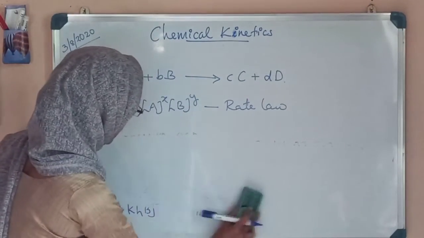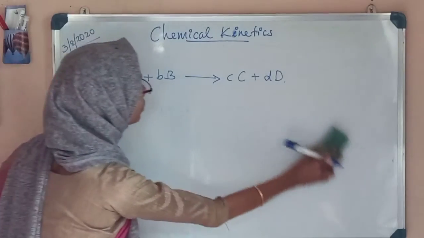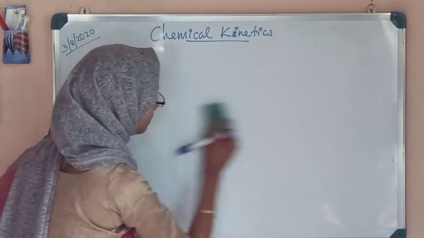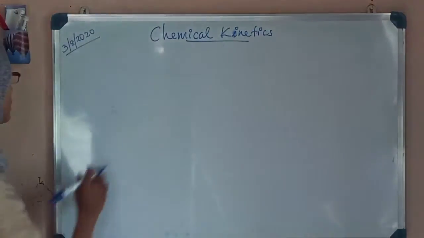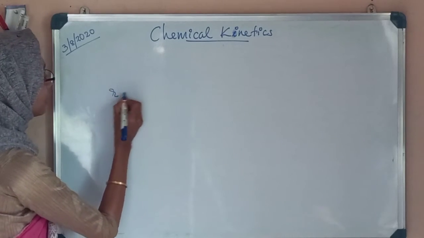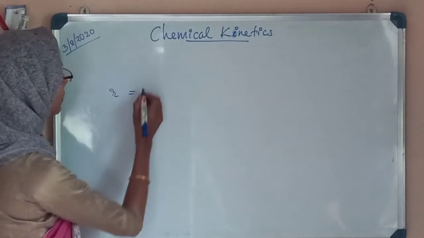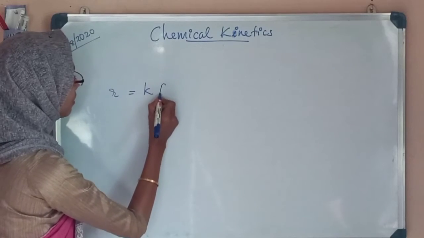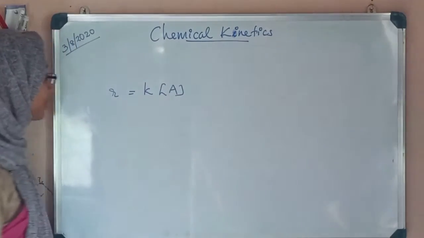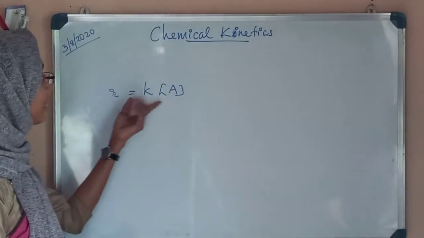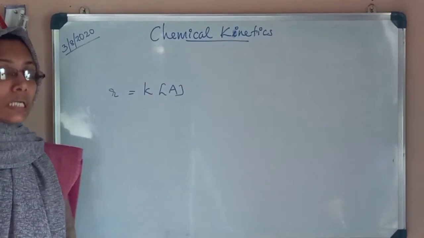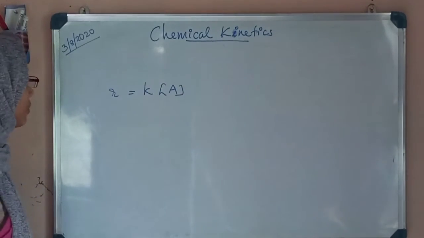Then next we consider what is the unit of rate constant. We know that rate is equal to K into concentration of the reactant. For a first order reaction, rate is equal to K into concentration of the reactant. This is the molar concentration of the reactant.